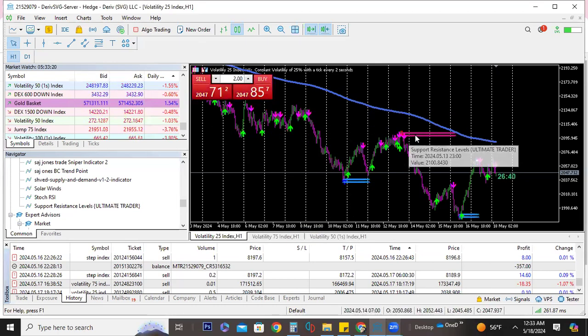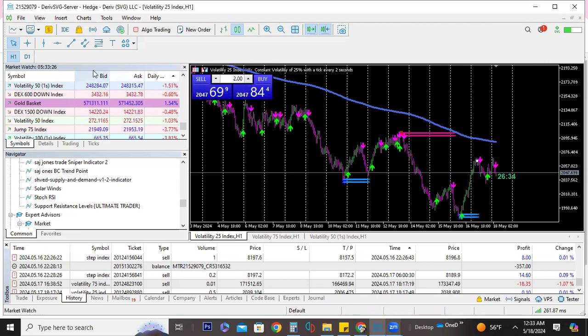Then I have the support and resistance indicator as always, and I have the trend point arrows here. I isolate only two time frames, the hour and the daily time frame, by removing all the extra time frames from here, so that way I only focus on these two.